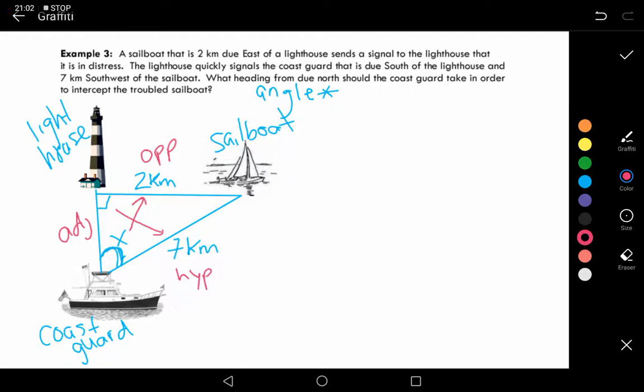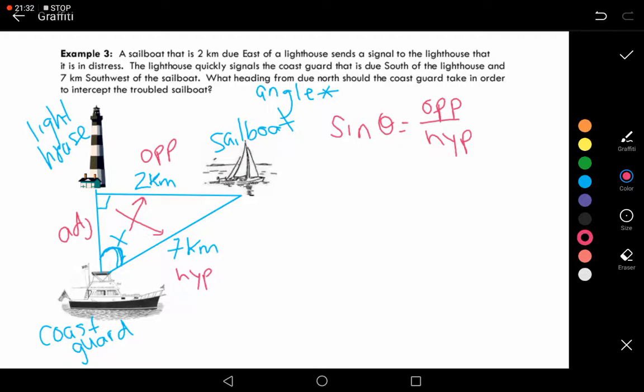Okay, so the next step is to choose our trig ratio. So obviously we're trying to find an angle here. So we need to use the two side measurements that we have. So those two side measurements are opposite and hypotenuse, which means we need to use sine. Okay, so I'm going to start by just writing out that equation. So sine theta equals opposite over hypotenuse.